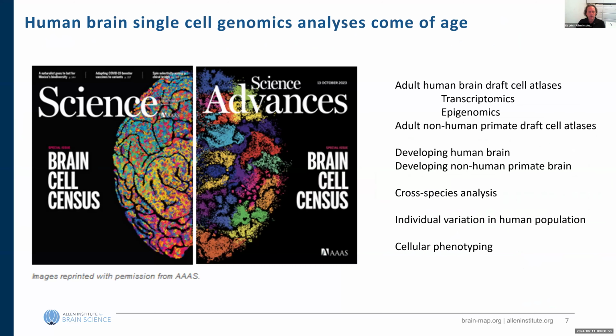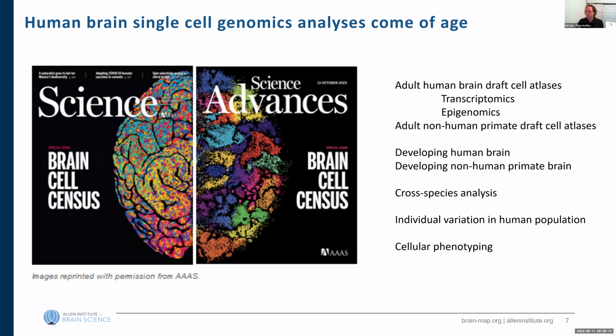Just last year, a major publication package came out that really highlighted the power of these techniques and really opened up a whole new field of what can be done now, moving across species, not limited to certain model organisms. And you'll hear about some of this today.